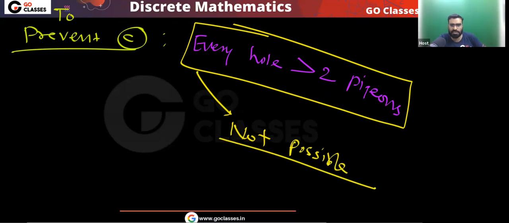Okay, so very simple. I hope these questions are clear. Now, are you understanding the pigeonhole principle more clearly? The pigeonhole principle says, can you guarantee something? So now, if the question is asking for a guarantee, what will you do?